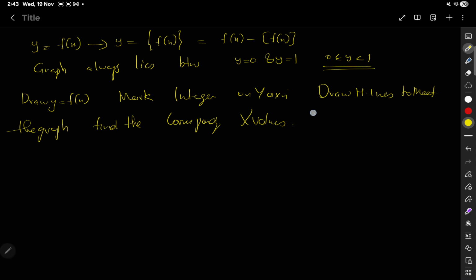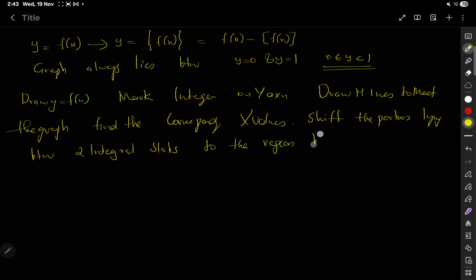Shift the portion lying between two integral slabs to the region between y equal to 0 and y equal to 1.